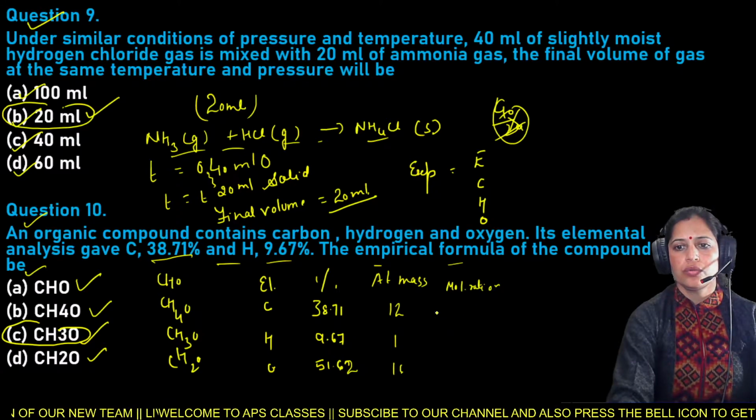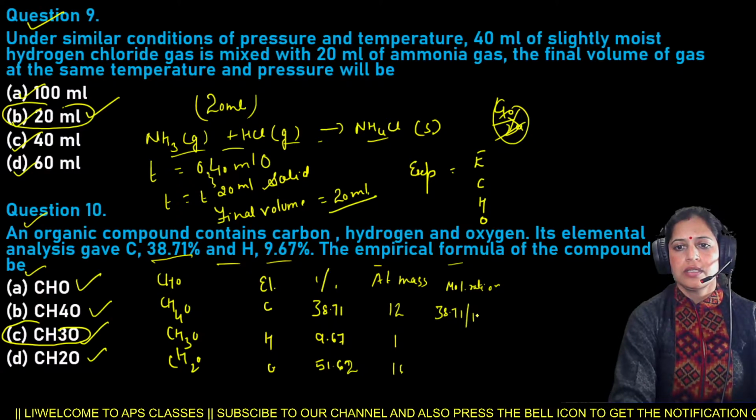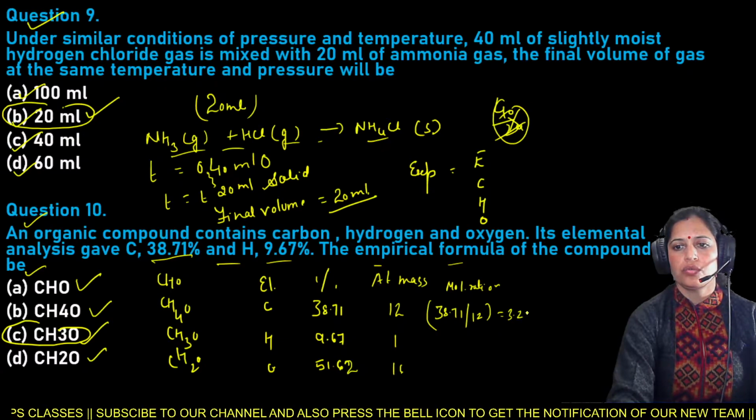The mole ratio of carbon is 38.71 divided by 12, which comes out to be 3.22.